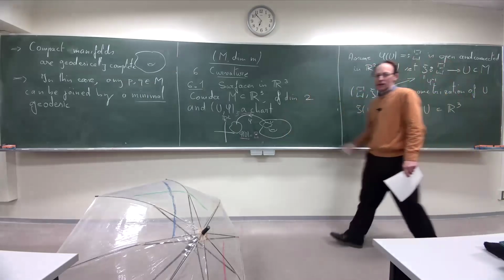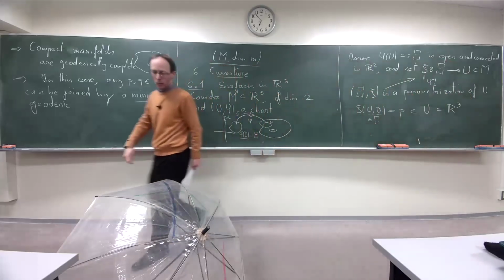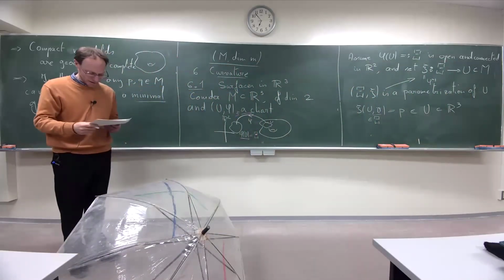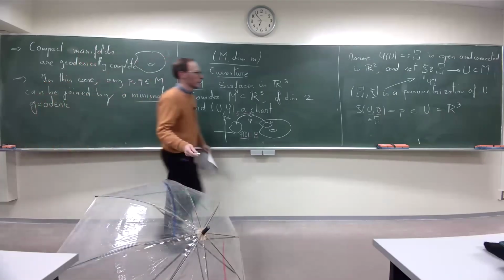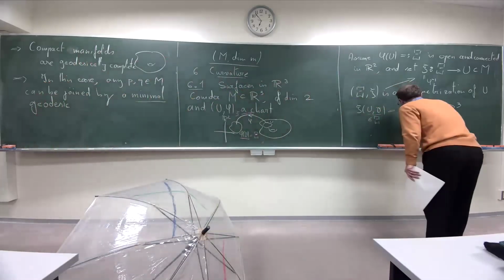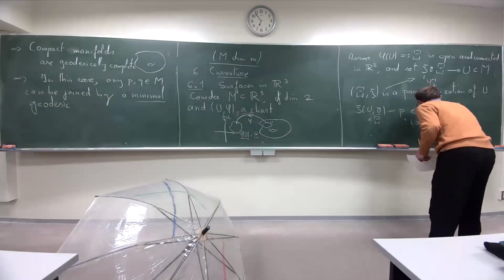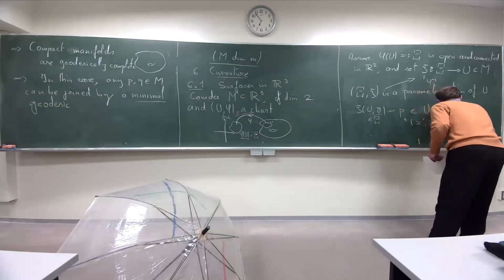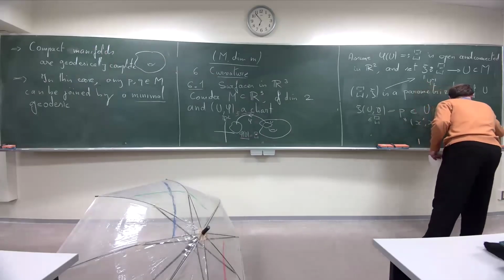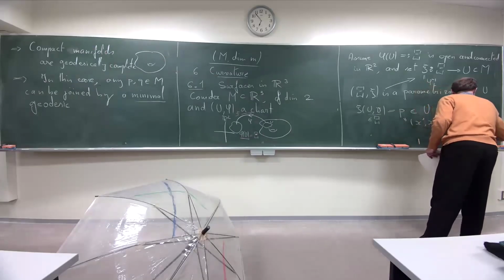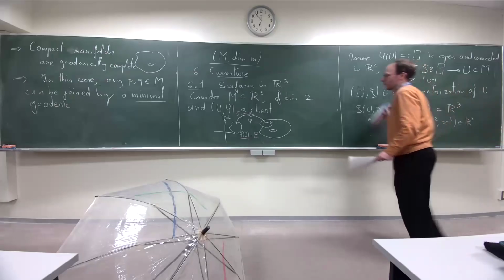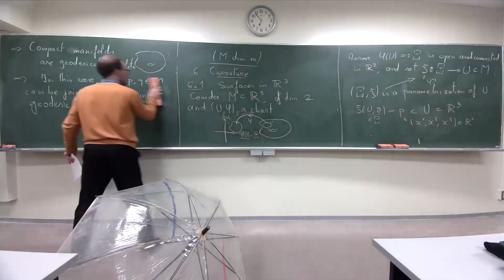So it's a point in R3. It has 3 coordinates. So we can look at it as a point (x1, x2, x3) in R3 because the manifold is inside R3. So it's special. We are not in the abstract framework.